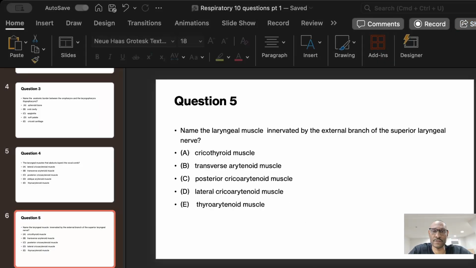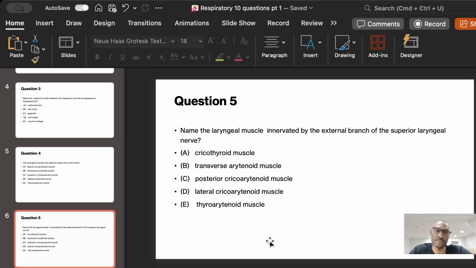5 is going to be name the laryngeal muscle innervated by the external branch of the superior laryngeal nerve. Okay, laryngeal muscle. That's going to be this. Okay. Can we move on? Yep.